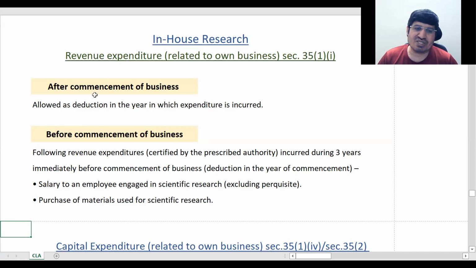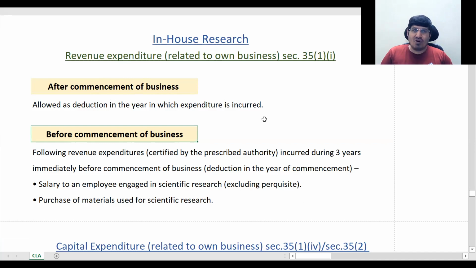For revenue expenditure after commencement of business, you have to get deduction, so no question in that. For revenue expenditure before commencement of business, you get deduction for all expenses incurred for 3 years immediately preceding the year of commencement of business. So be careful, we're talking about commencement of business, not year of incorporation.